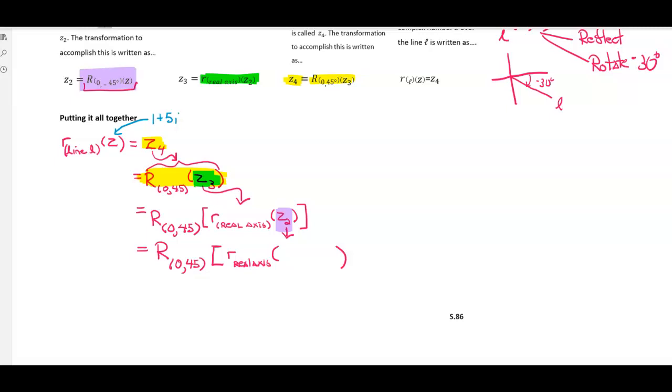Okay, so that's going to be R negative 45 degrees about the origin, Z. And that's how you get the reflection over the line L.